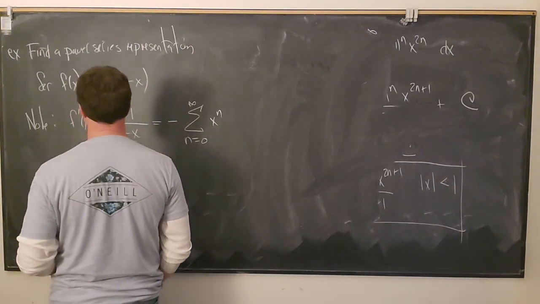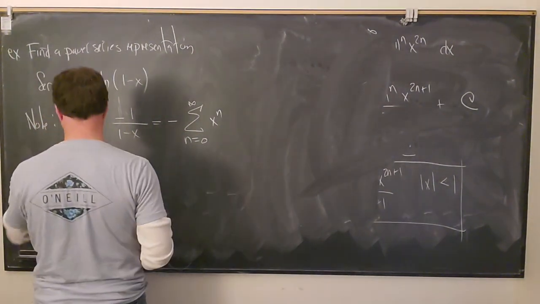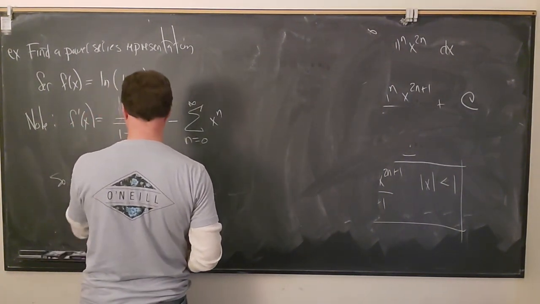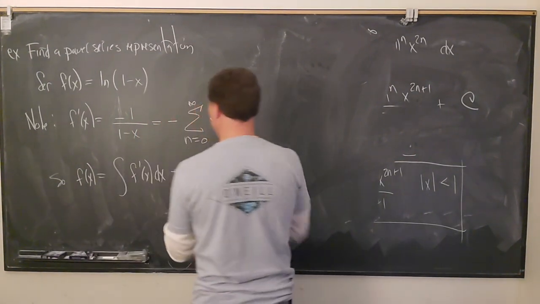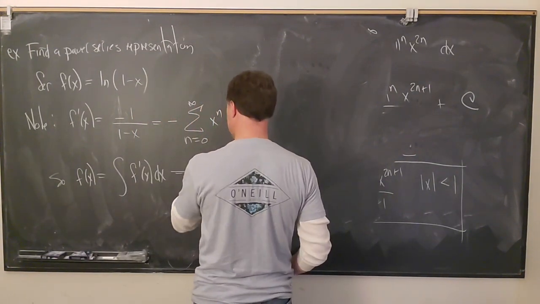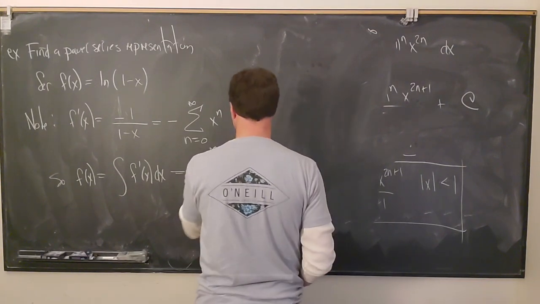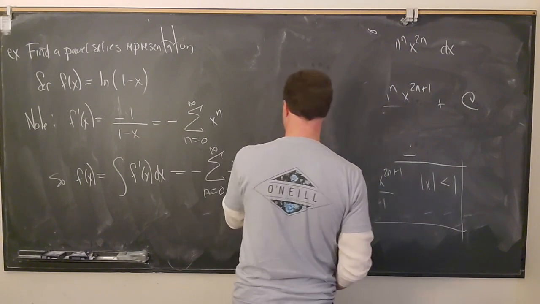So f of x equals the antiderivative of f prime of x dx, which equals the antiderivative of this, which will be a negative sum n equals 0 to infinity x to the n plus 1 divided by n plus 1 plus c.